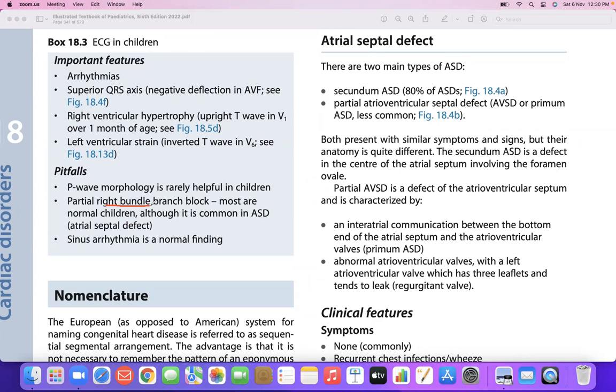Partial right bundle branch block can be present in most normal children also. Although it is common in ASD, atrial septal defect can present as partial right bundle branch block, but it can be normal also. You have to remember this. Then sinus arrhythmia is a normal finding.